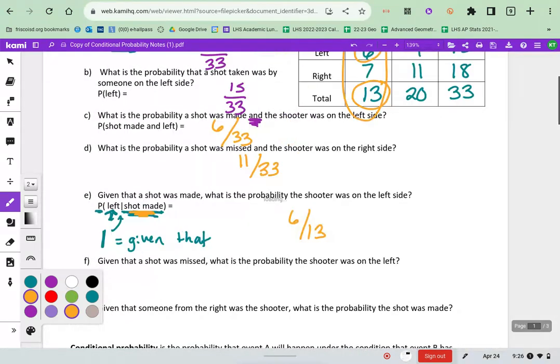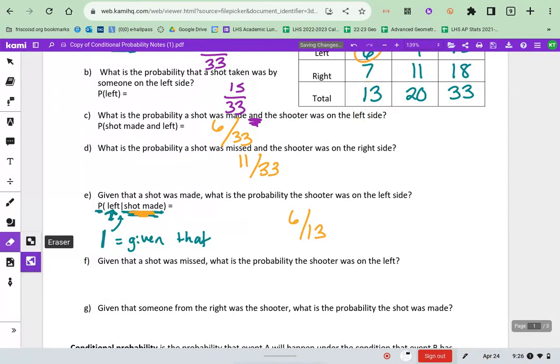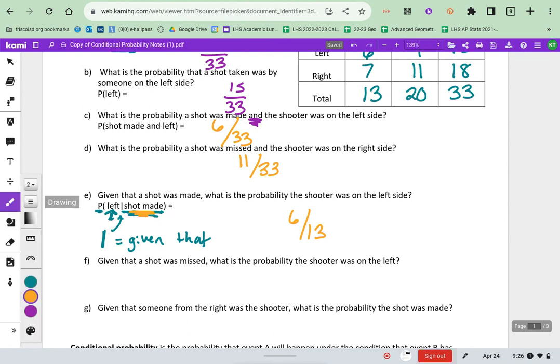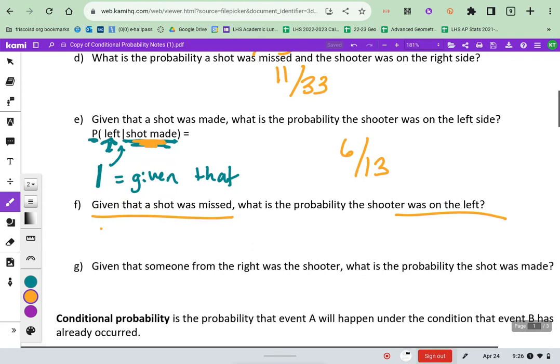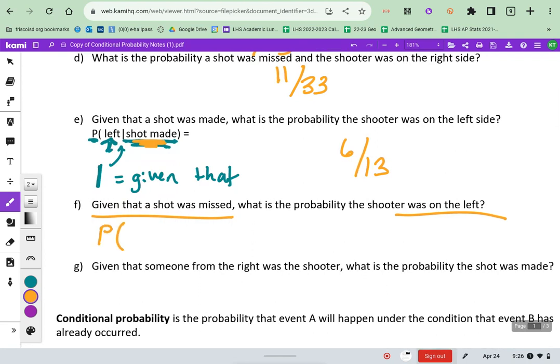All right, let's try another one. Given that a shot was missed, what's the probability the shooter was on the left? I'm going to write this in probability notation: the probability the shooter was on the left, given, remember that bar means given that, it was a missed shot.